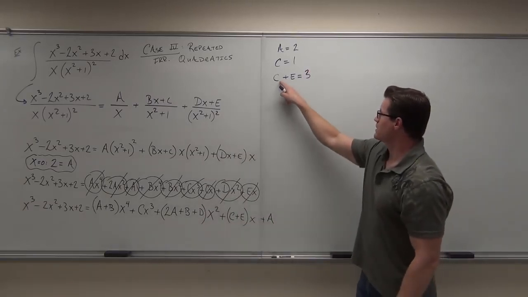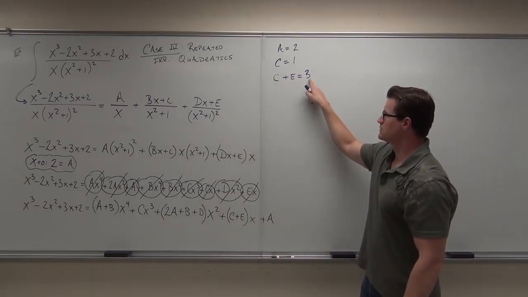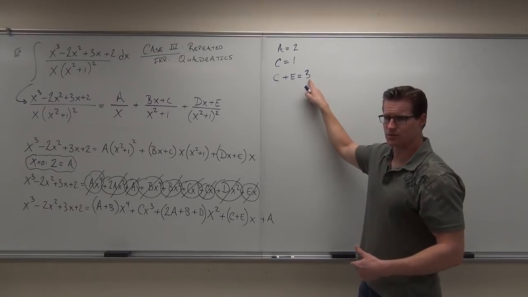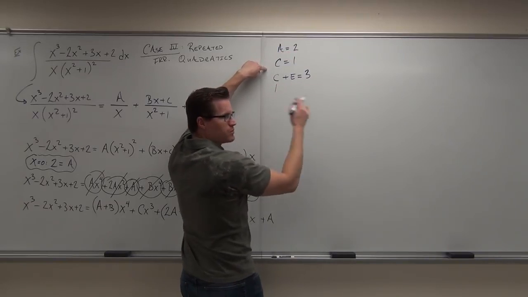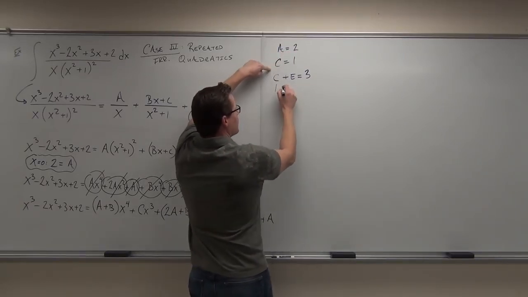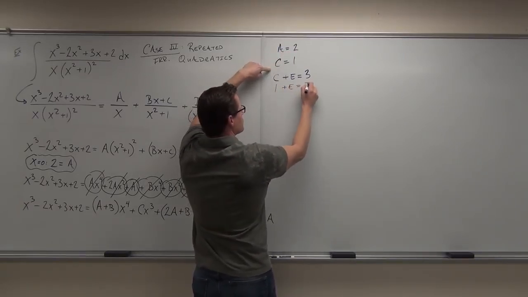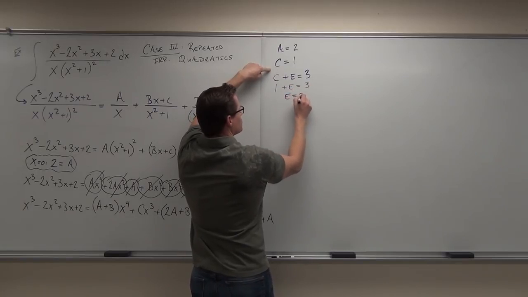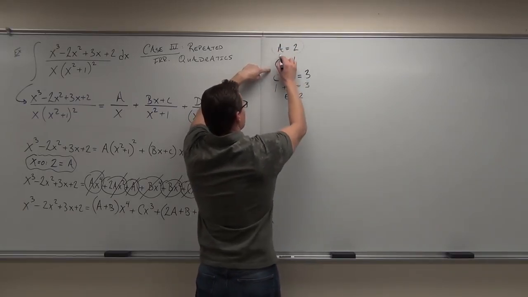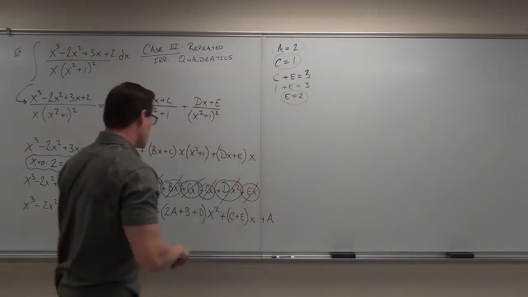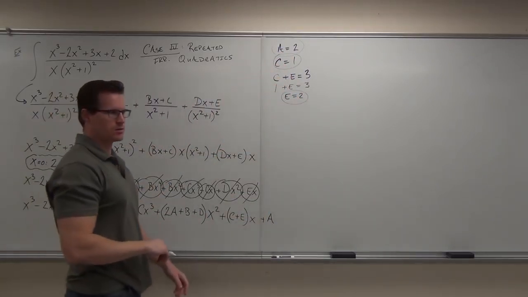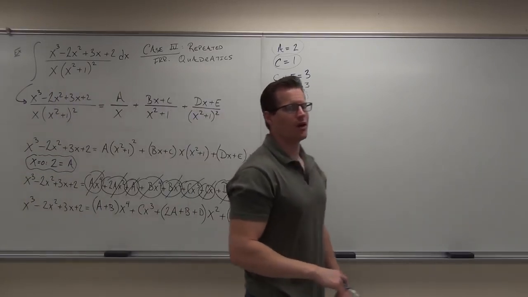Okay, if C plus E equals 3, can you tell me how much E equals? 2. Good. C is 1. So now we're starting to use some of these basic substitutions. C is 1 plus E equals 3. Therefore, E equals 2. So I got A is 2. I got C is 1. I got E is 2. Can you figure out the rest of them from here? Yeah. Easily.